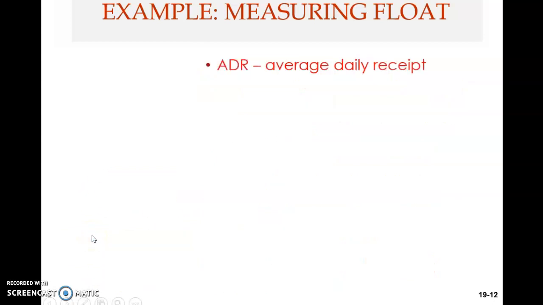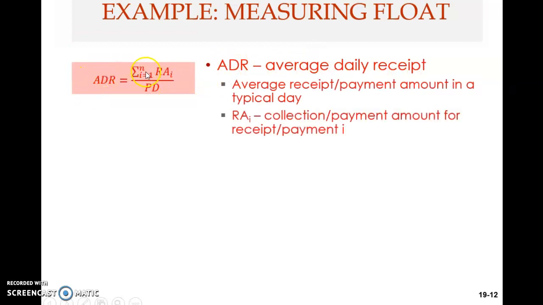Then we come to this ADR, average daily receipt. The formula for average daily receipt is this. This is the receipt amount, from I equals 1 to n. The sum of this divided by the PD, number of days in period.